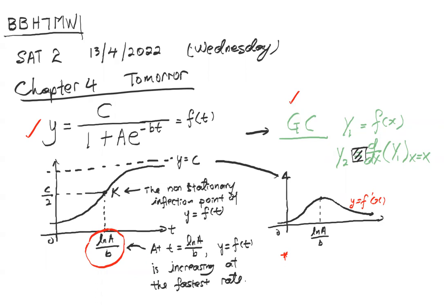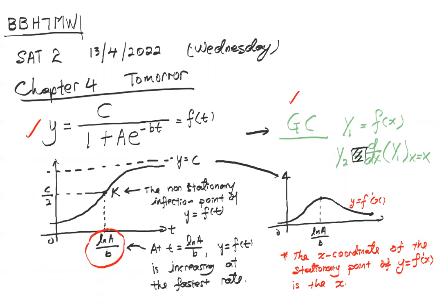So now I know that the x coordinate of the stationary point of the y equal to f prime x graph is the x coordinate of the inflection point of y equal to f(x).